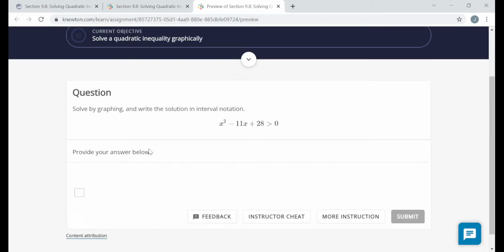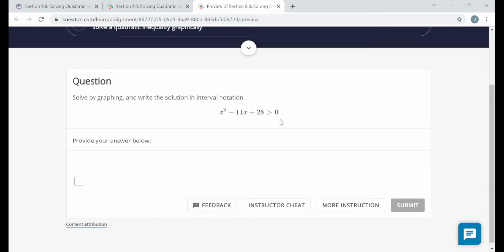Alright, so I'll write out this inequality here, and we're asked to solve, and write the solution in interval notation. What values of x make this a true statement? When is x squared minus 11x plus 28 going to be greater than 0? Going to be positive?